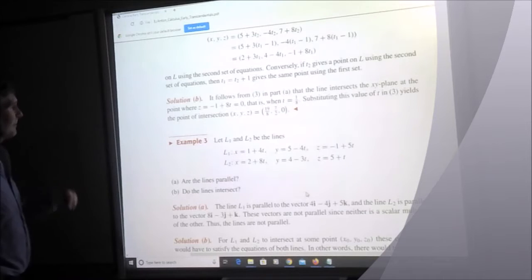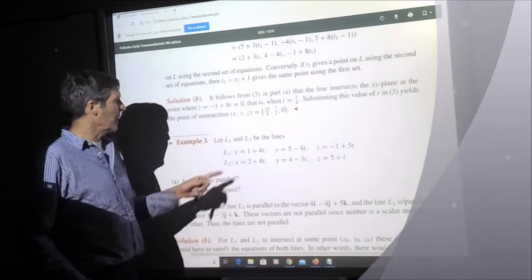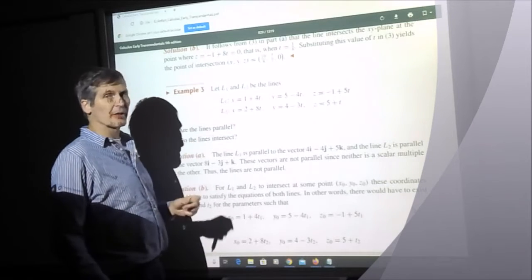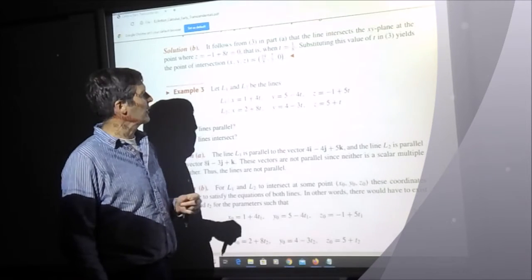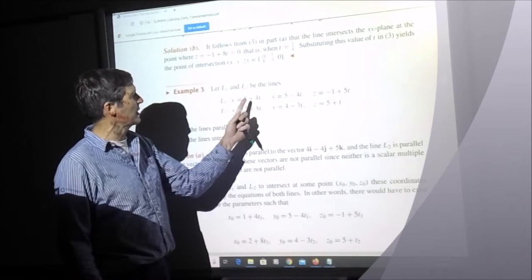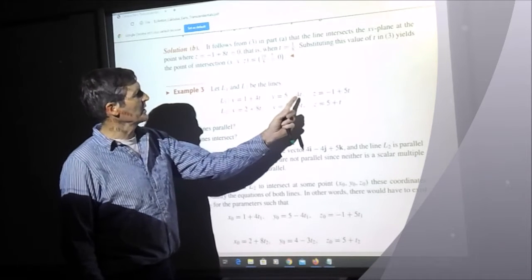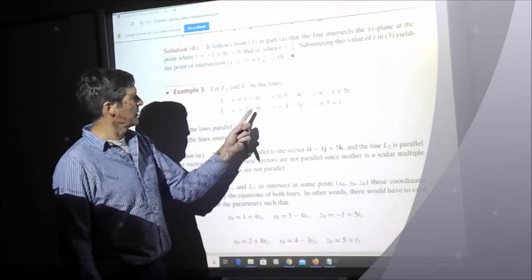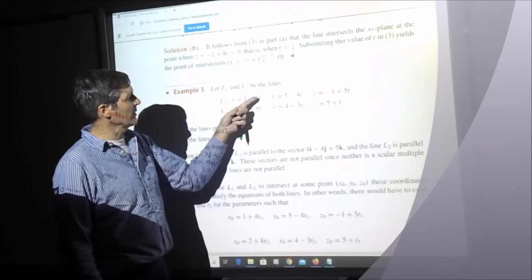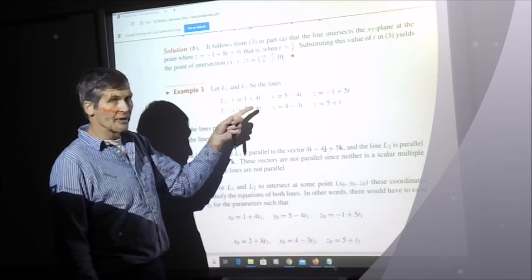If you see 2 lines like this, you can immediately tell things like, are they parallel? You can look at the equations and tell their direction immediately because it's just the numbers multiplying t. The direction of this line is 4, minus 4, 5. The direction of this line is 8, minus 3, 1. If one of those vectors is a multiple of the other, then they're parallel.